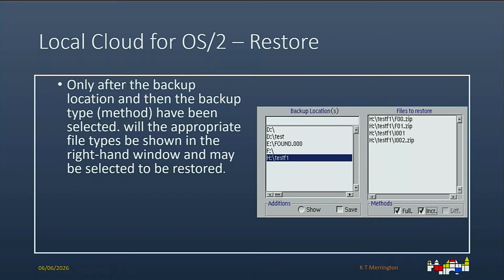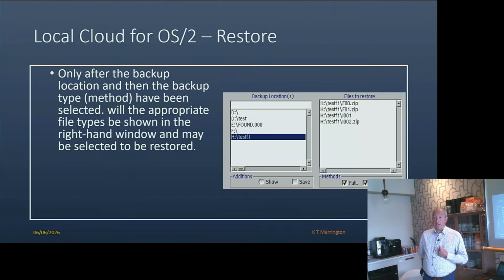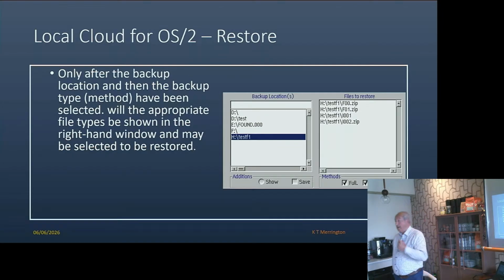Or you can say full and differential. You cannot say full, incremental, differential, because that has no real purpose. Because you can only do full and incremental to restore, or full and differential to restore. Incremental and differential, you should never try to restore together, because it's stupid.